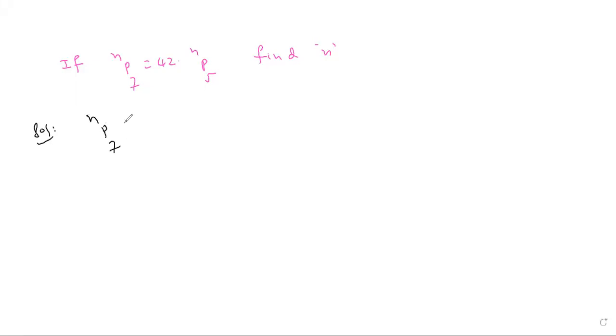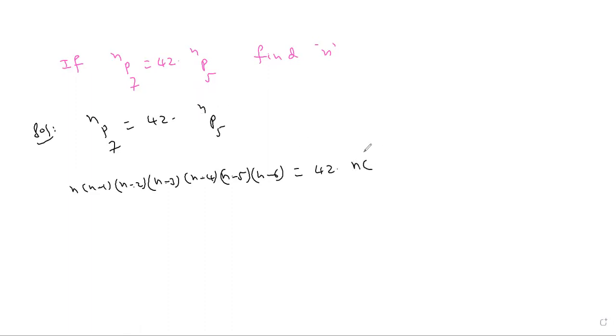So first take the given expression as it is: nP7 equals 42 into nP5. Product of 7 consecutive: nP7 can be written as n, n minus 1, n minus 2, write like this up to 7 terms. Okay, the product of 7 consecutive. 42 into nP5: start with n, write the product of 5 consecutive.